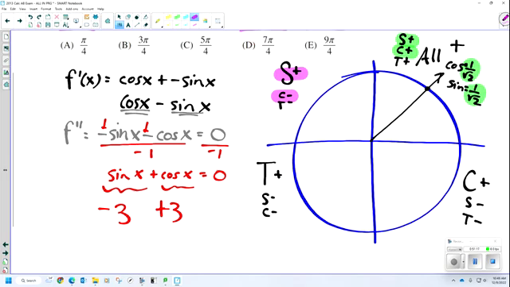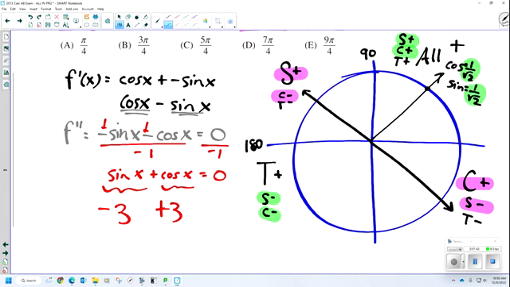In the third quadrant, they're both negative. And in this quadrant here, cosine and sine are negative. So I'm going to have to consider a 45-degree angle here and a 45-degree angle here. If this is 90 and this is 180, that means this is 135 degrees.